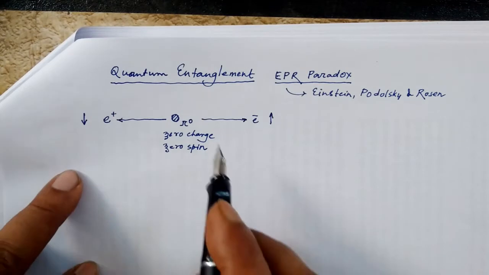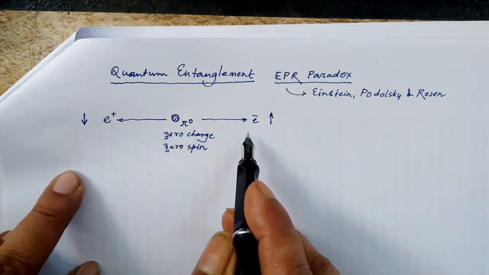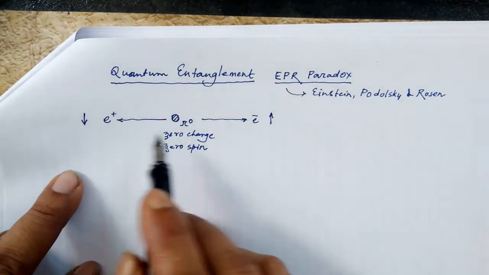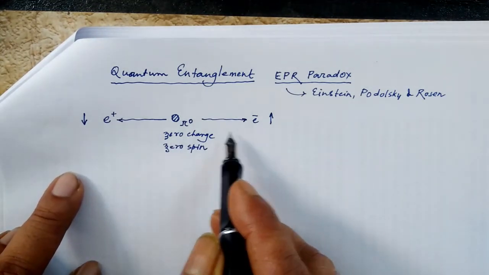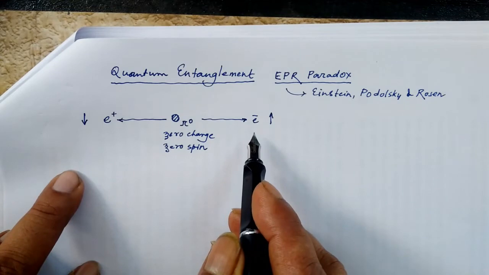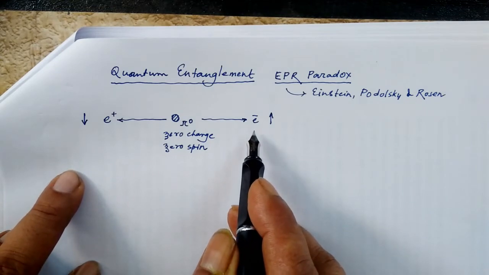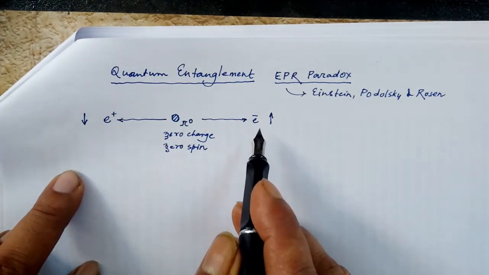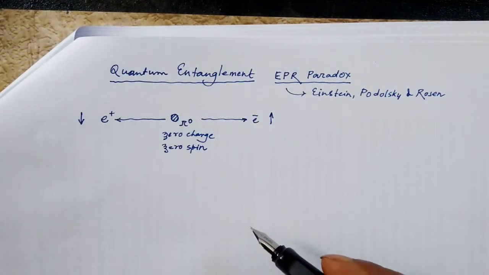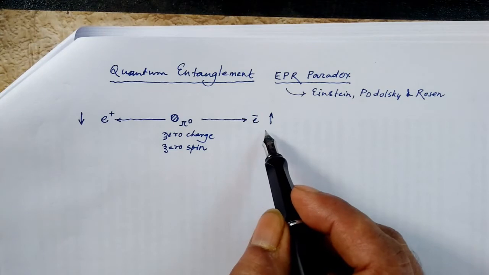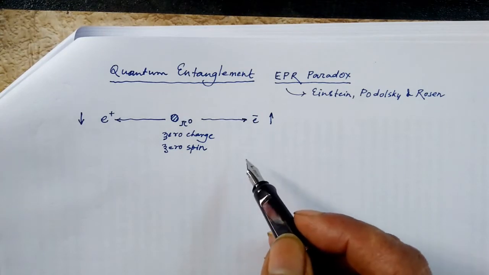When we say that, we really mean that even for light there is no way that communication can go from the electron to the positron that we have measured the electron, and found it to have spin half.